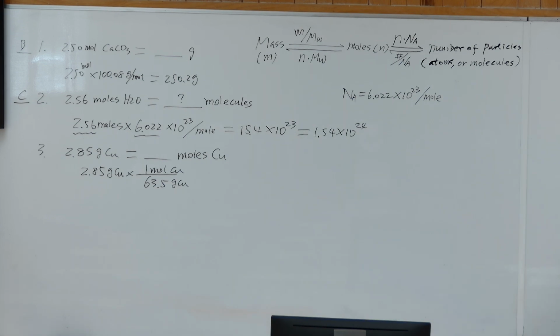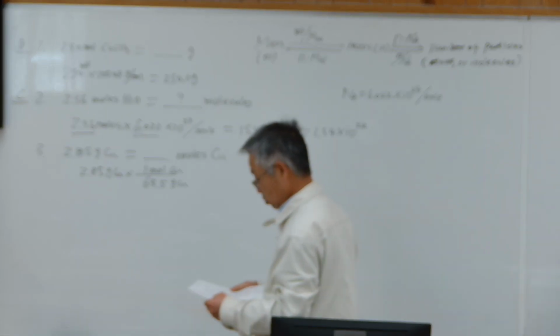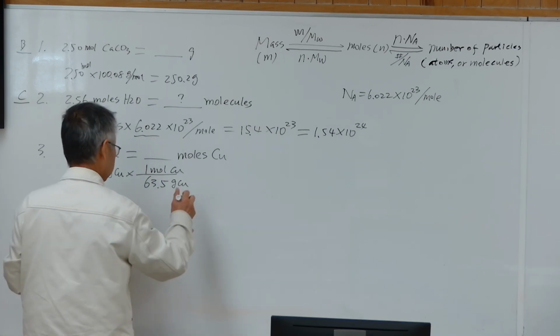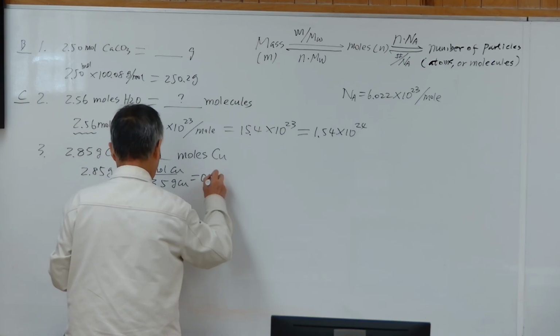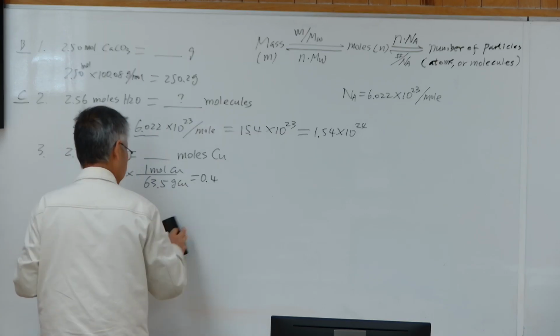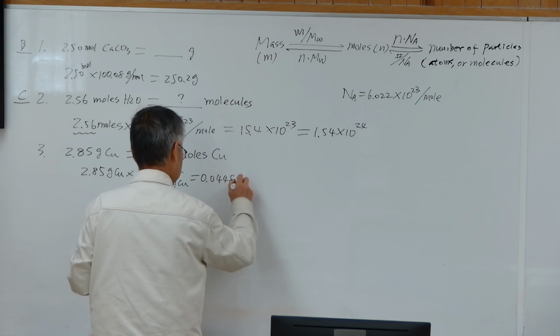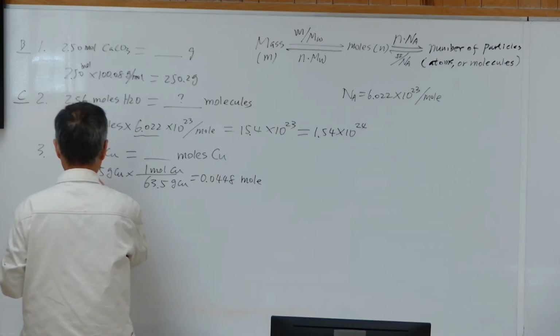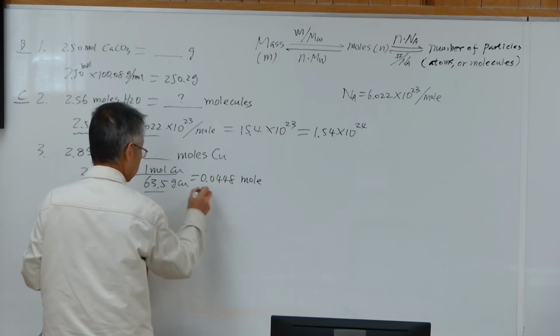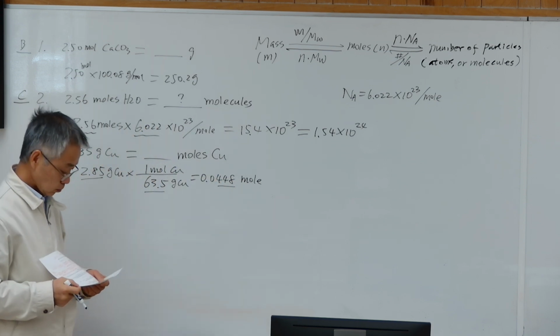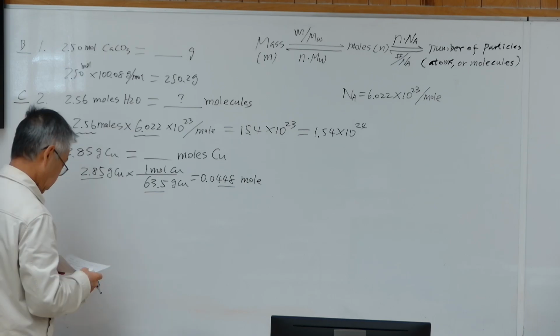Use the calculator, 2.85 divided by 63.5. You can easily get 0.0448. Your answer can only have 3 significant figures, right? So your choice is D.